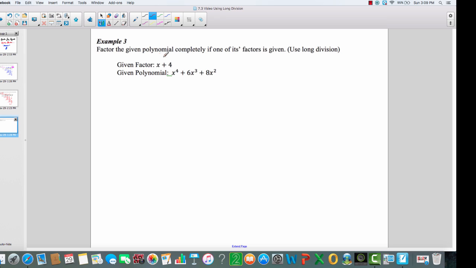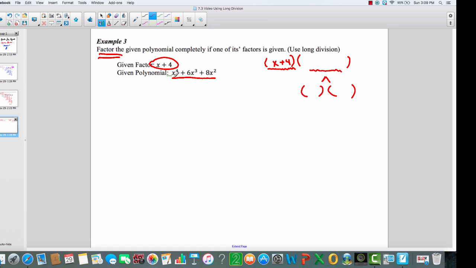Let's use long division to factor. So if you're given one factor already, x plus 4, what would the other one be? And then, depending on what this is, maybe we've got to factor that, right? You never know. So we're given this one factor and this polynomial.